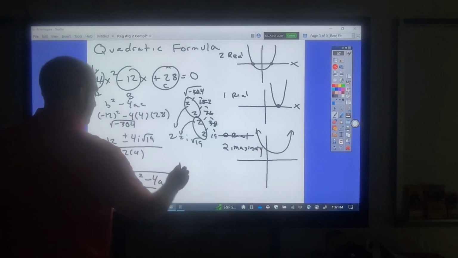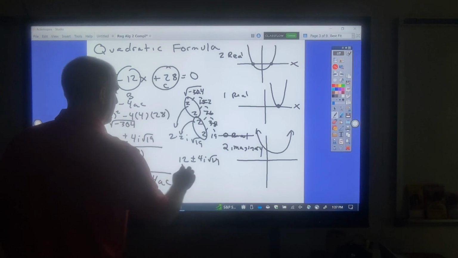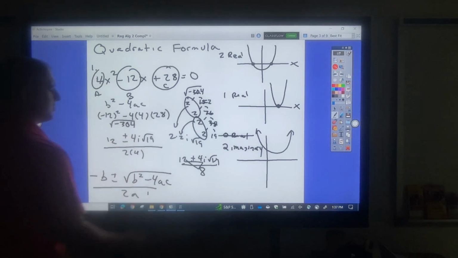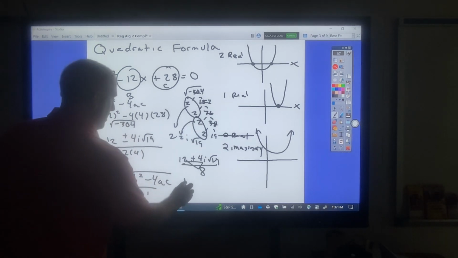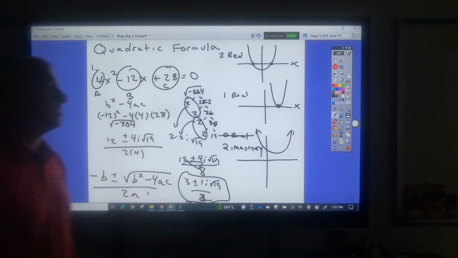So I got 12 plus and minus 4i square root of 19 all over 8. Now, is there a number that all 3 of those could be divided by? Yeah, 4. So that'd be 3 plus and minus 1i square root of 19, all over 3. All over 2, I'm sorry. All over 2. Okay, and we're going to practice a few of those.